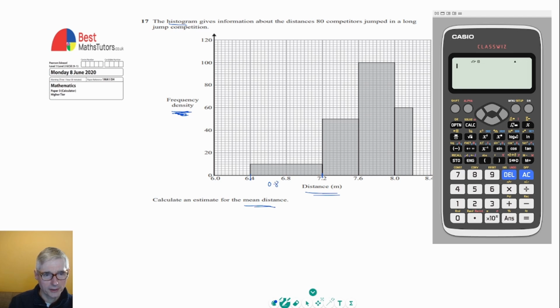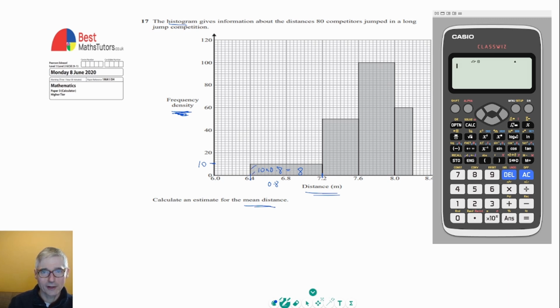And we can multiply that by the frequency density, which is on this axis here. For this first group, that is 10. So we're just going to go 10 times 0.8, and that gives us 8. So that's the frequency for this first group.